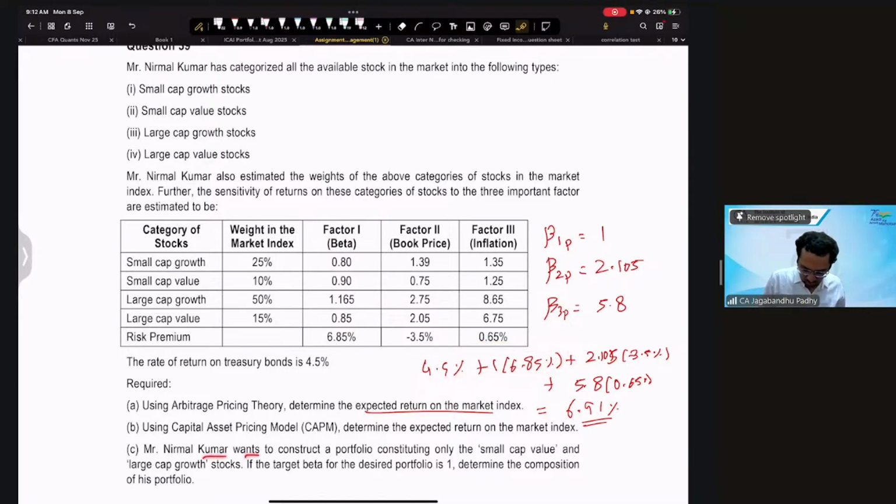Okay. Then Nirmal Kumar wants to construct a portfolio on only the small cap value and large cap growth. If the target beta is 1, determine the composition. So you can take the weightage of this as X, and this will be 1 minus X. And the weighted average beta should be equal to 1. You can solve it and get the weights easily. Correct, guys?